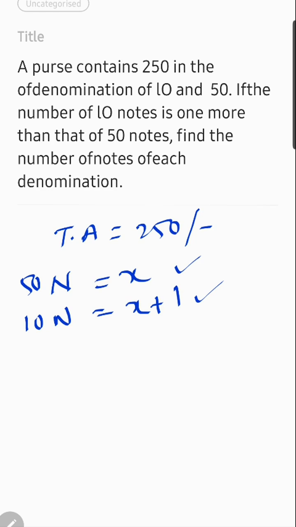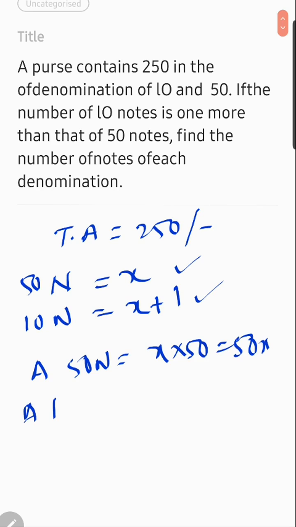The number of 50 rupees notes is x, so x into 50. So the amount of 50 rupees notes is x into 50, that is 50x.